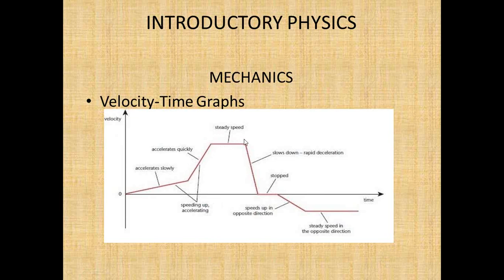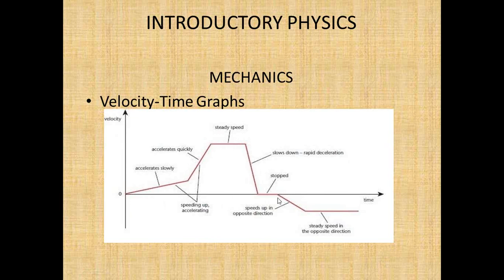Then you have a negative acceleration because it slopes downward. And this is very steep. So this is rapid negative acceleration or rapid deceleration. And then the motion is horizontal, but the motion is horizontal at zero velocity.